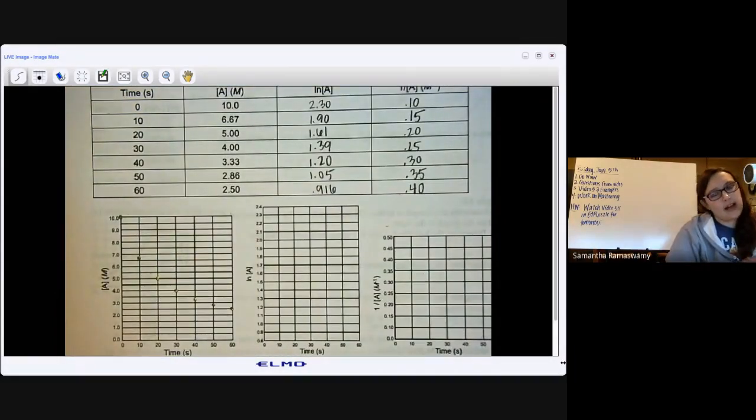And once you have your graph, it might help to connect the lines.